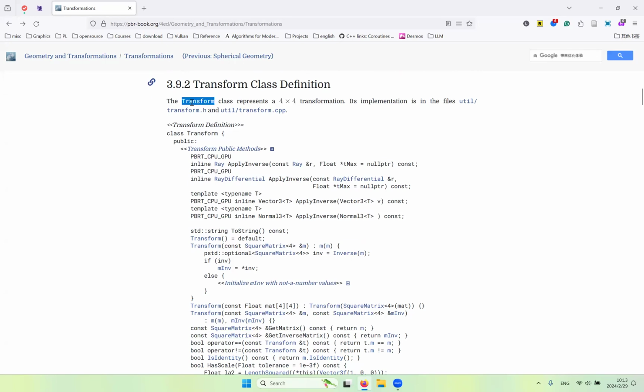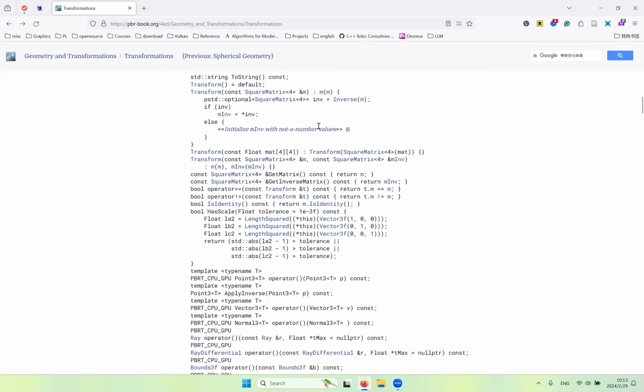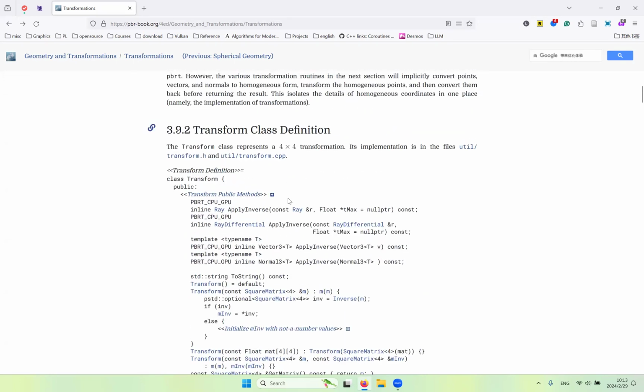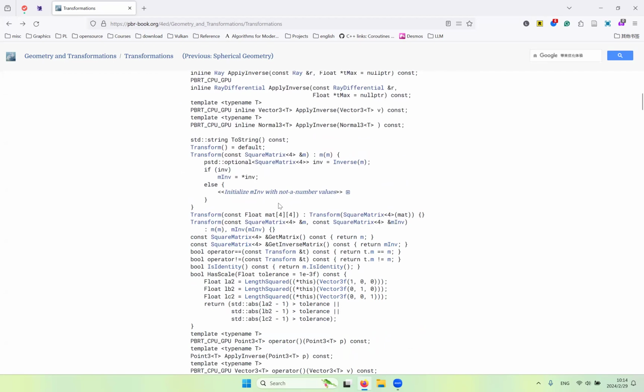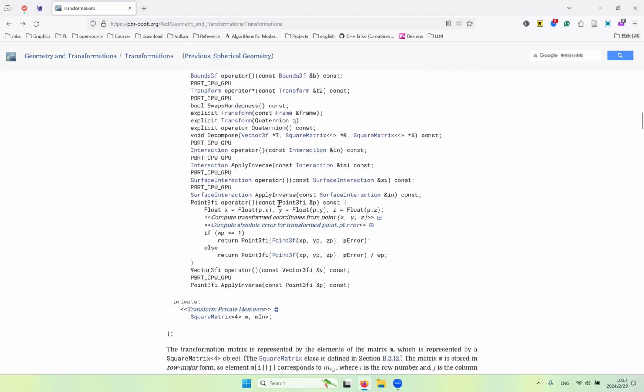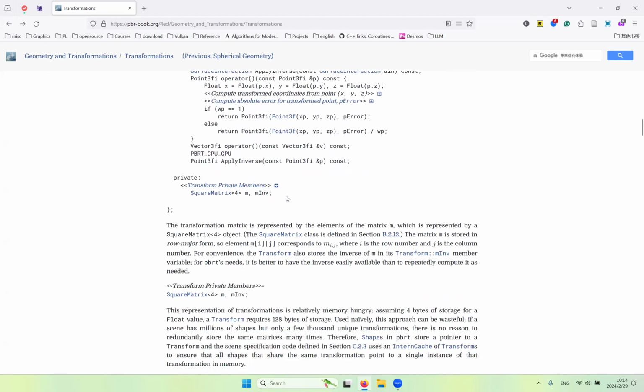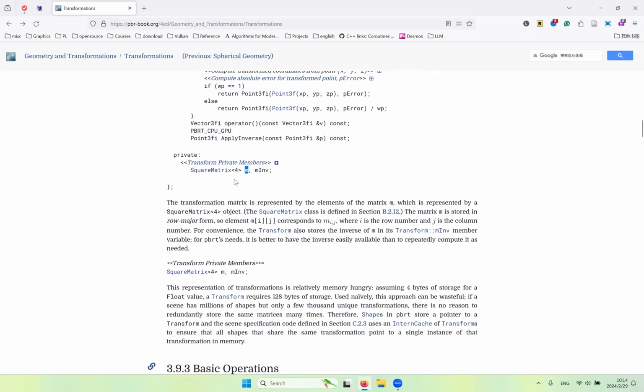PBRT defines a Transform class, which just represents a 4x4 matrix. It has a lot of methods to help. Its members are the 4x4 matrix and its inverse. Because it is computationally expensive to compute the inverse on the fly, PBRT decided to cache it.